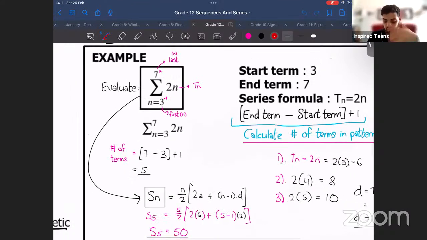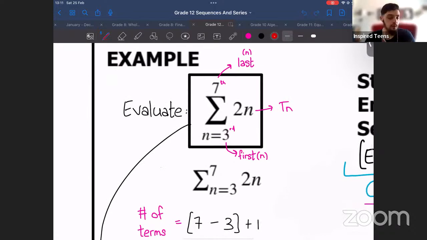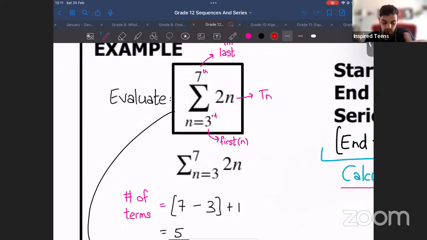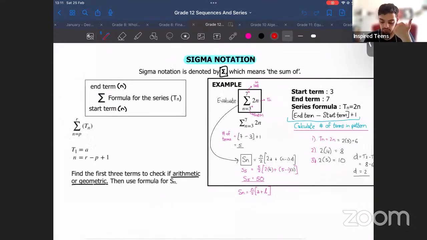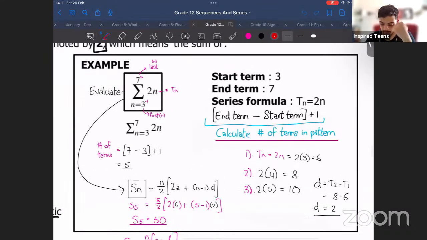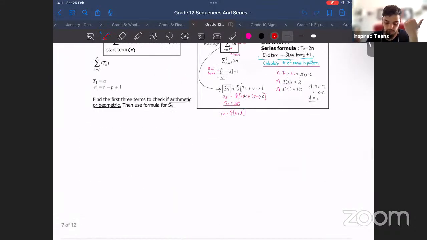They don't need to give you more information. For example, they tell you to evaluate this sum, and that means calculate the sum of the terms from 3 to 7 of this pattern, and then they give you Tn next to the sigma symbol. We also discussed calculating the number of terms.